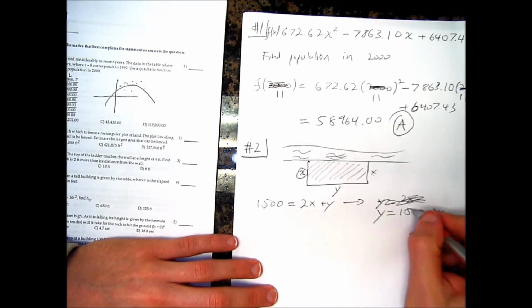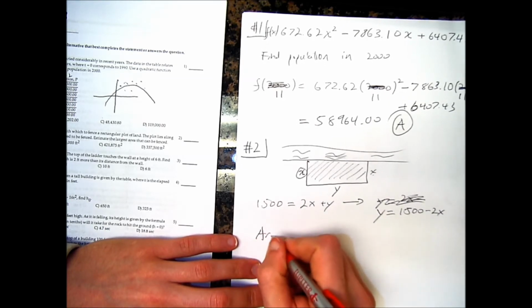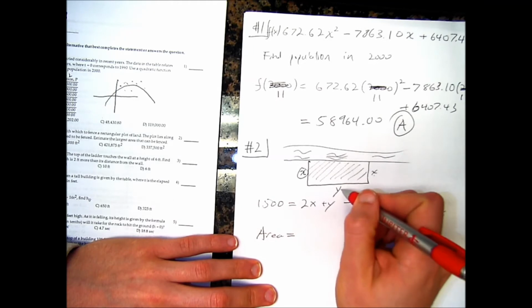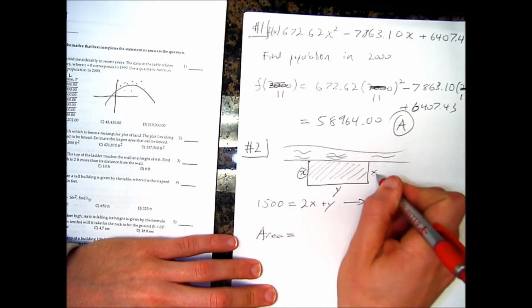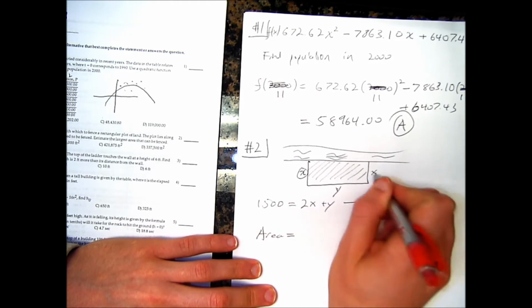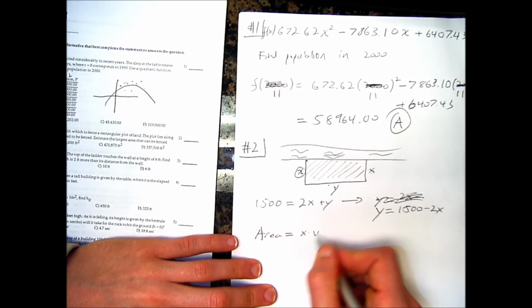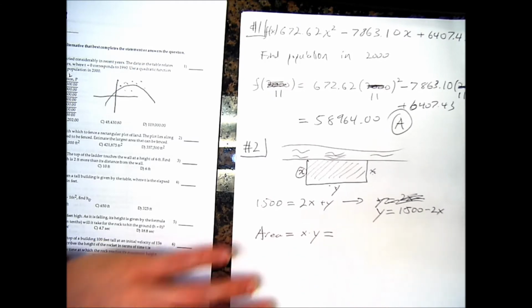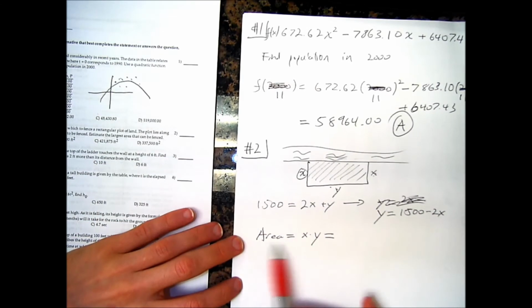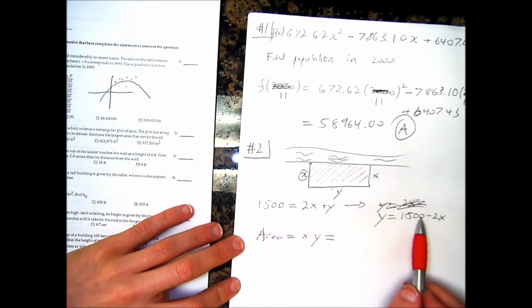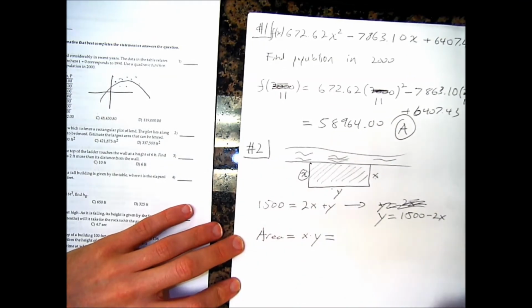All right. Now the area is what we're interested in. And the area of a rectangle is length times width. So that's x times y. Okay, it makes sense to talk about this equation, but why am I even talking about the perimeter? The concept is that it's difficult to deal with a function that has multiple variables.